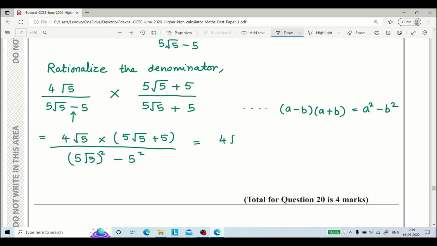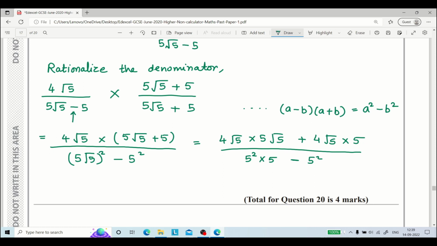So 4 root 5 into 5 root 5 plus 4 root 5 into 5 whole upon 5 square. Yes, root 5 square is basically 5, minus 5 square.